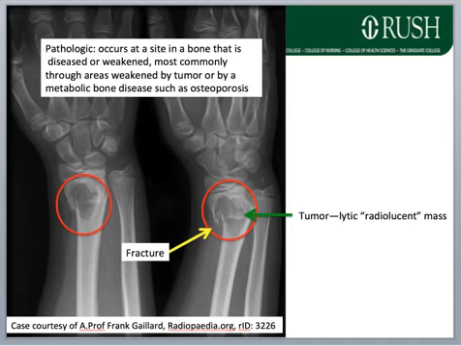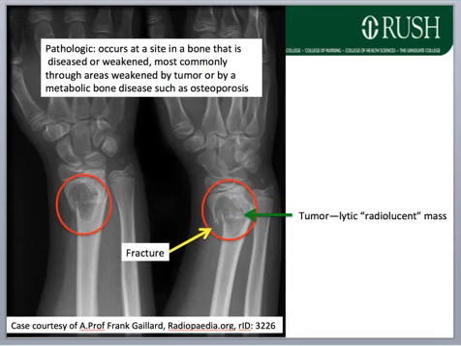Finally, fractures can occur in abnormal or diseased bone, and we call these pathologic fractures. Most of the time, these probably occur in areas like osteoporosis, but you can see fractures that occur at sites of tumors. This is a radiographic image.